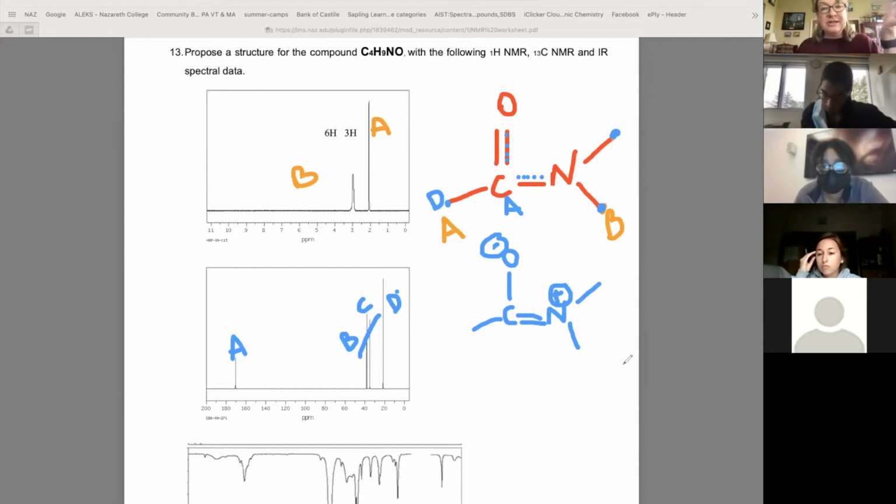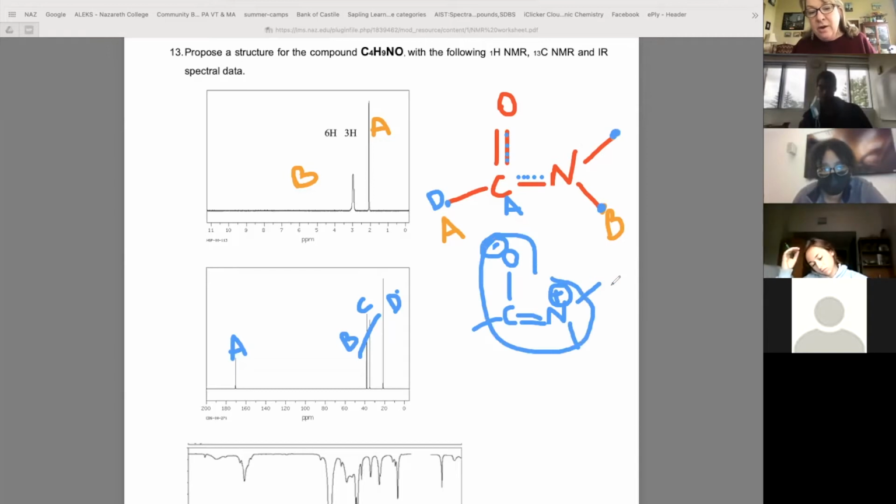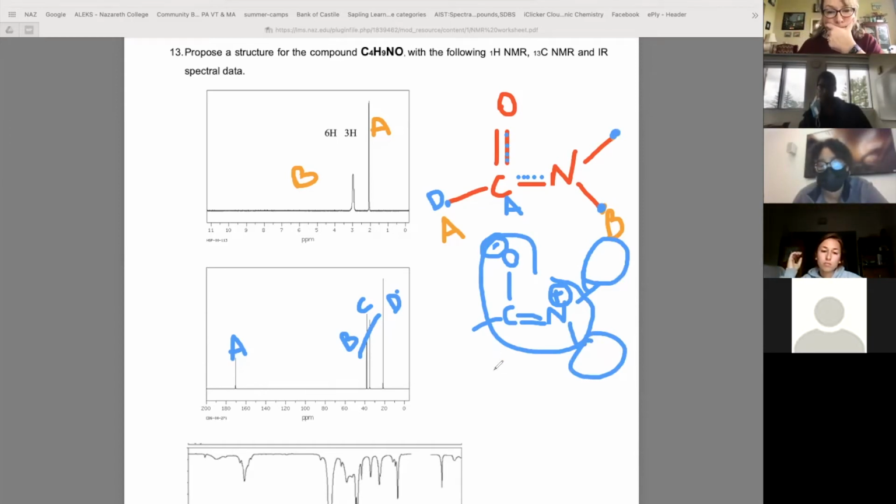A minor detail that you don't really have to worry about, but that's why there's 2 peaks down there. Sometimes that resonance contributor makes this area right here more planar, so that this group and this group are in different environments. Okay?